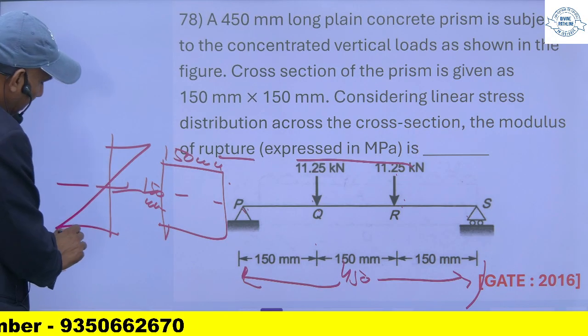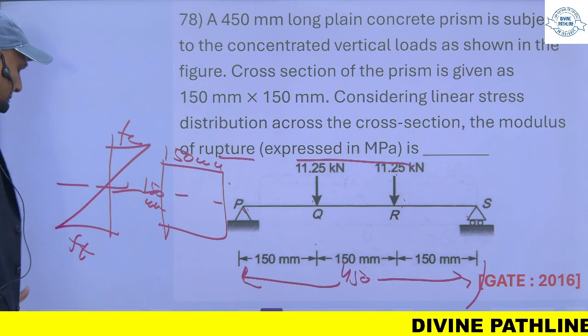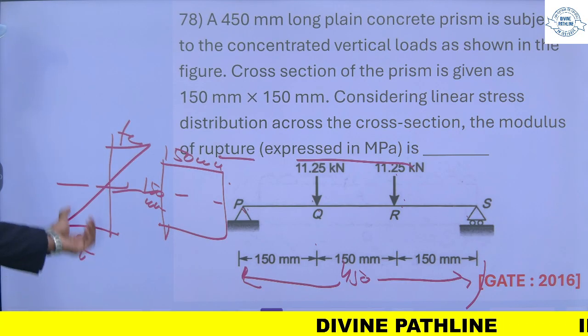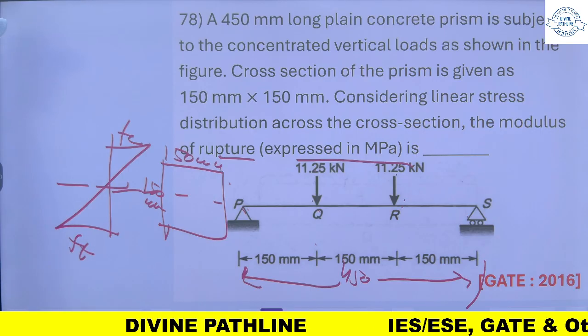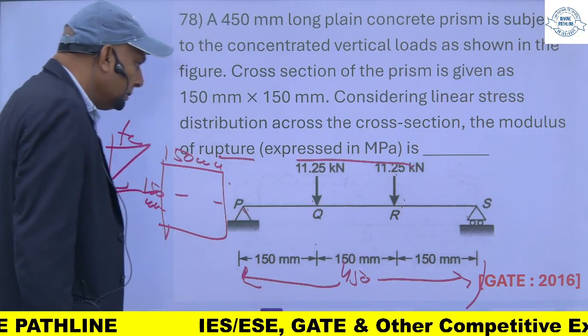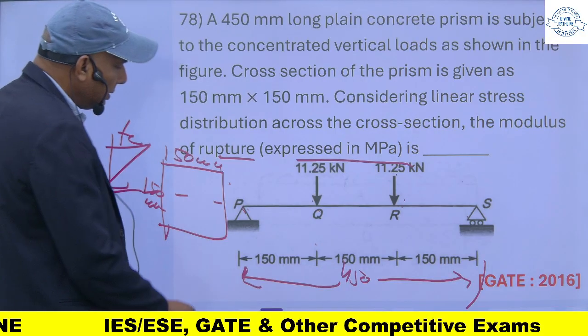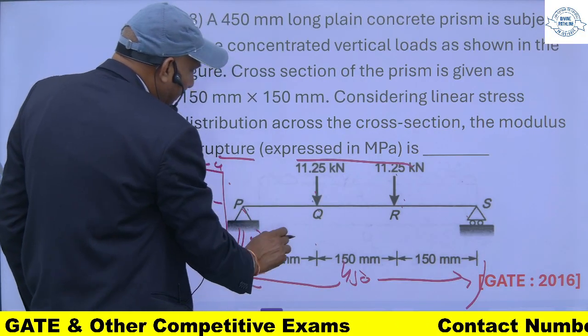So this is the FT. This is FC. So modulus of rupture will be equal to this one. It means I have to find this one. So if you see, reaction will be the same 11.25.